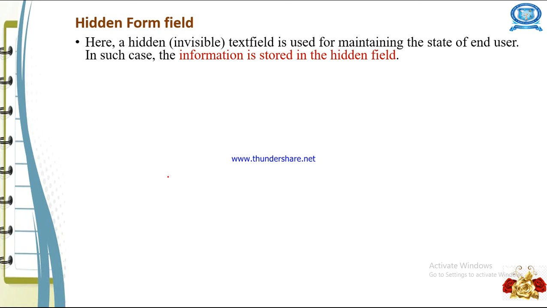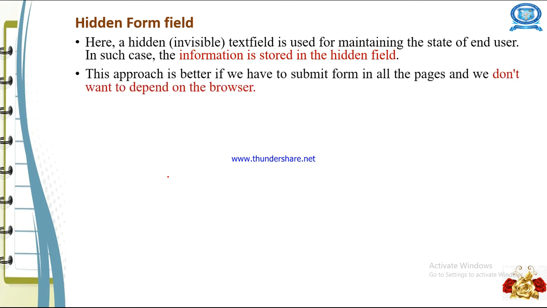In such a case, the information is stored in the hidden field, as opposed to an exposed field. This approach is better if we have to submit a form in all the pages and we don't want to depend on the browser.